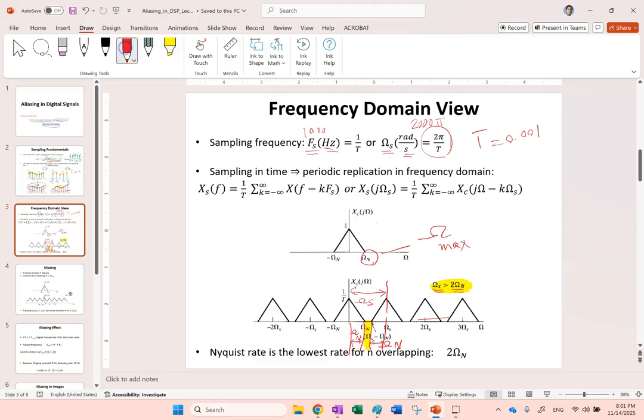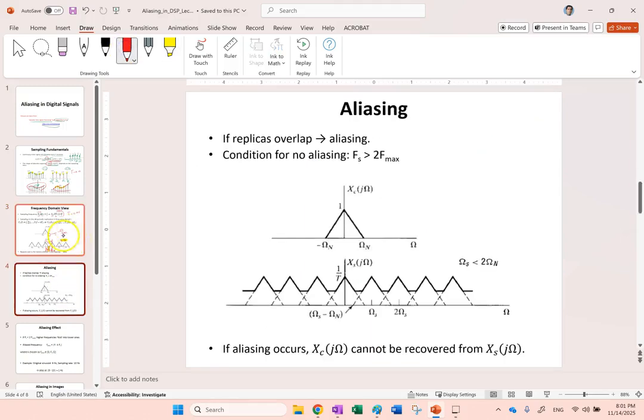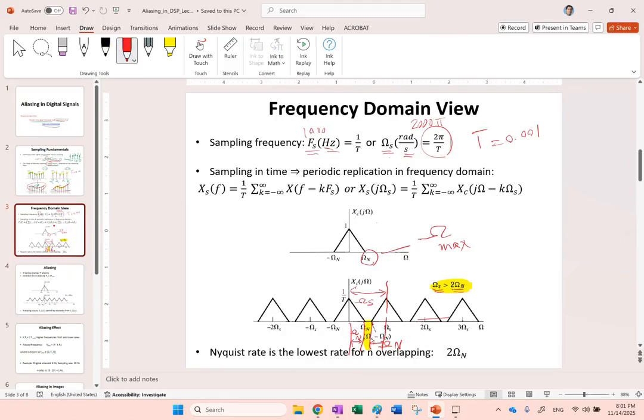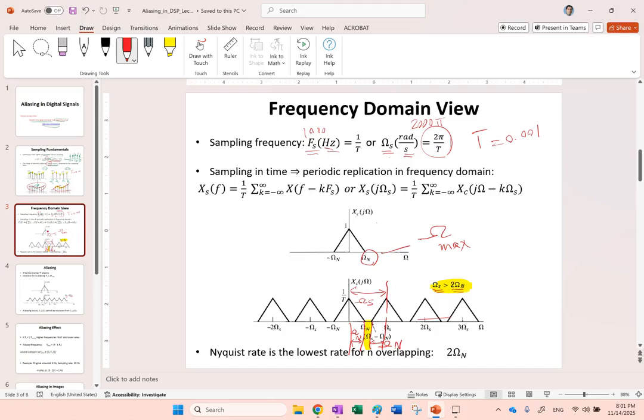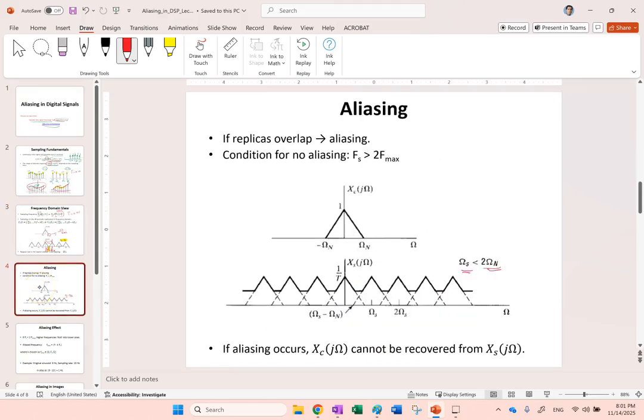Now, aliasing is when this relation is not valid. This one becomes violated. Your sampling frequency is less than 2 omega max. Now what happens? You still get this triangle repeated, but now there is no gap and there is instead overlap between them, right?